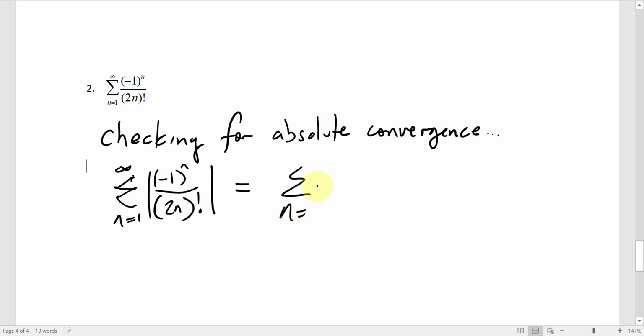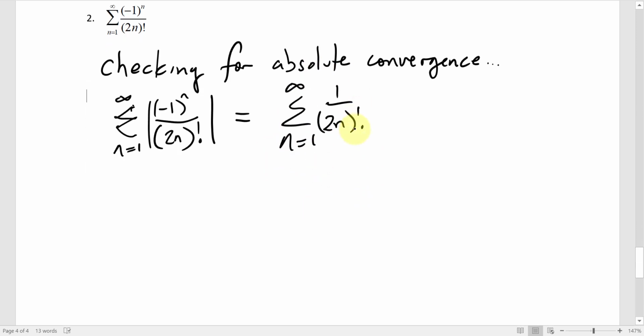If it converged absolutely, it would potentially converge to something different than if you took away the absolute value. So in this case, we have the sum from 1 to infinity of just 1 over (2n) factorial when we take the absolute value of individual terms. So we're looking for the convergence of this infinite series.